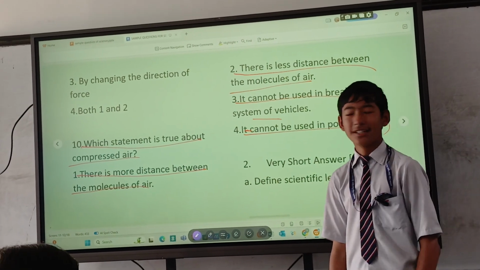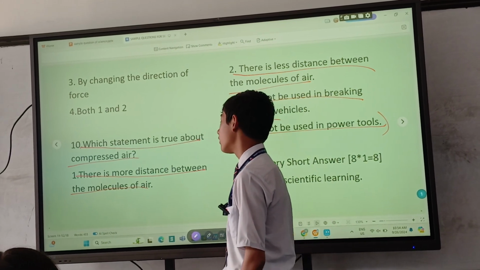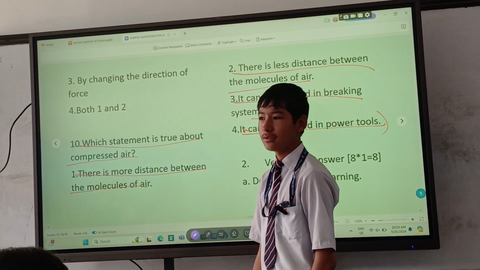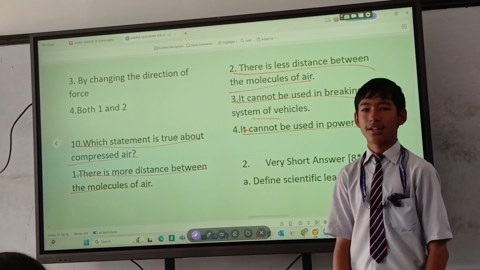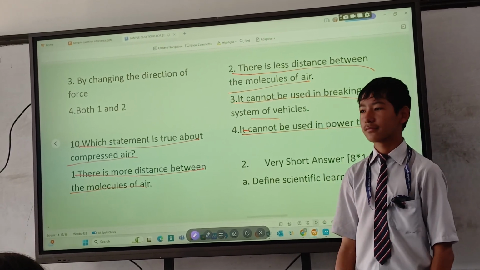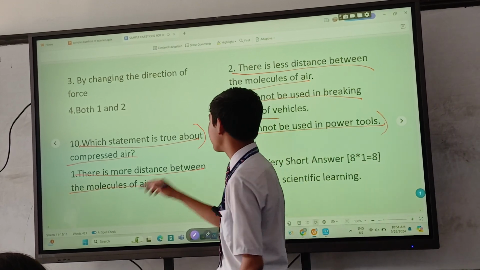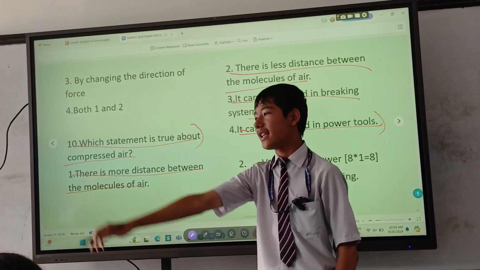The 10th question. So which statement is true about compressed air? The options are given. Only from this side. The question is this. So I want one answer from this row. So this row is being silent.